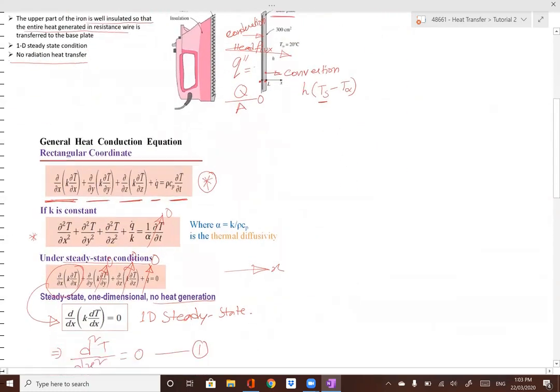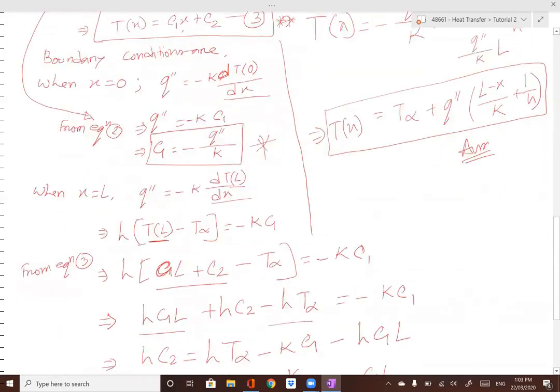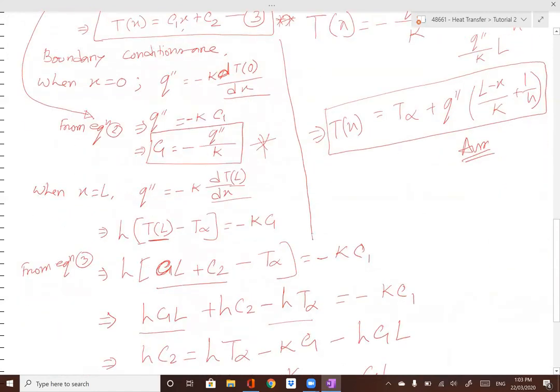Okay, now we'll find the temperature. This is our temperature variation formula.